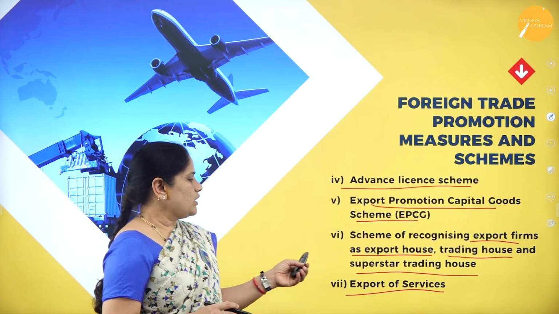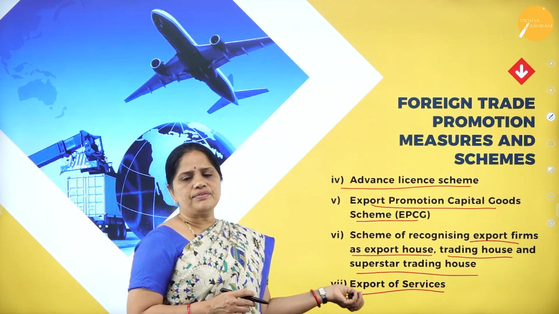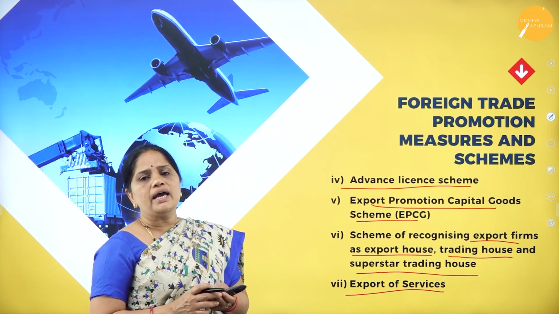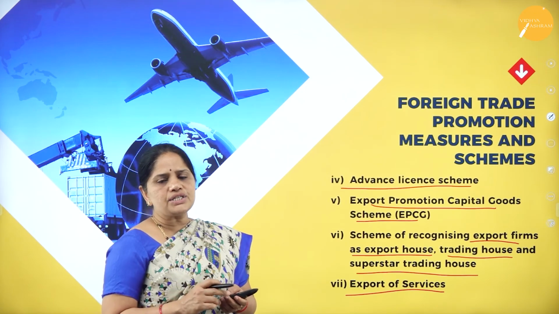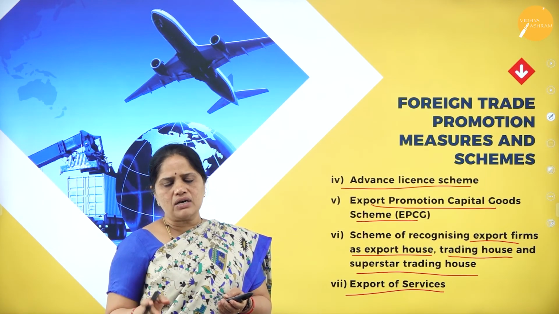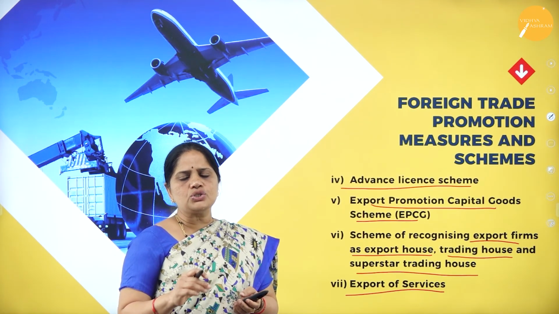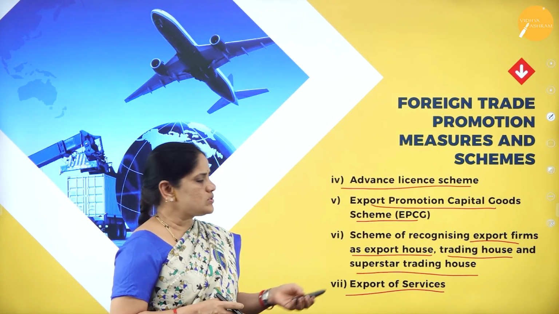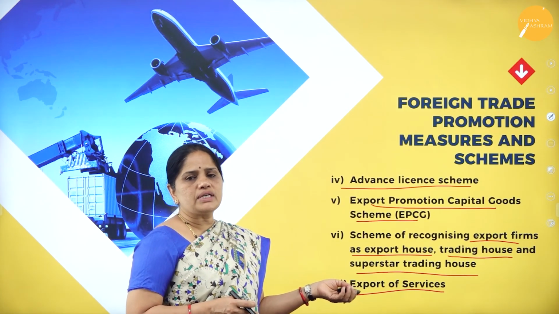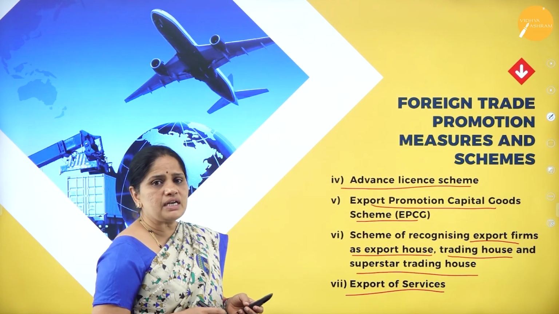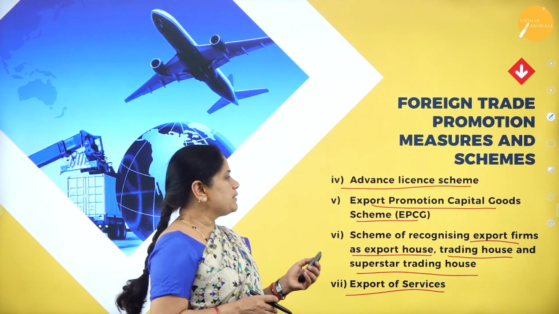The government of India has conferred the status of the export service house, international export service house and also international superstar export service house on certain exporters who are doing exceptionally well in the export business.